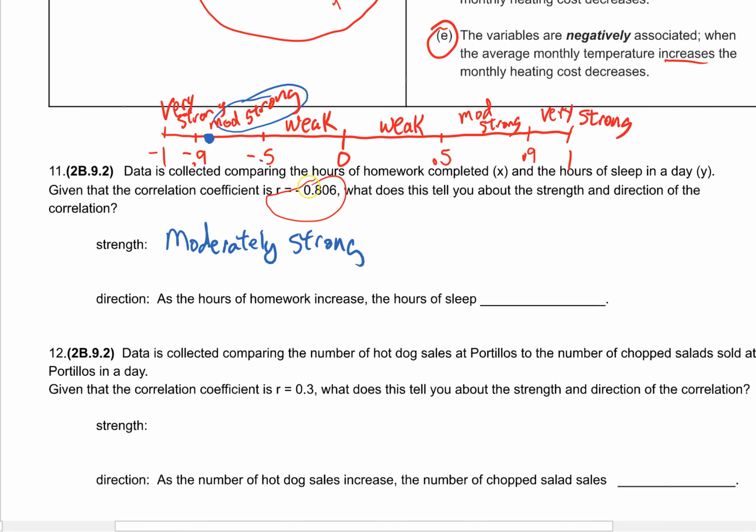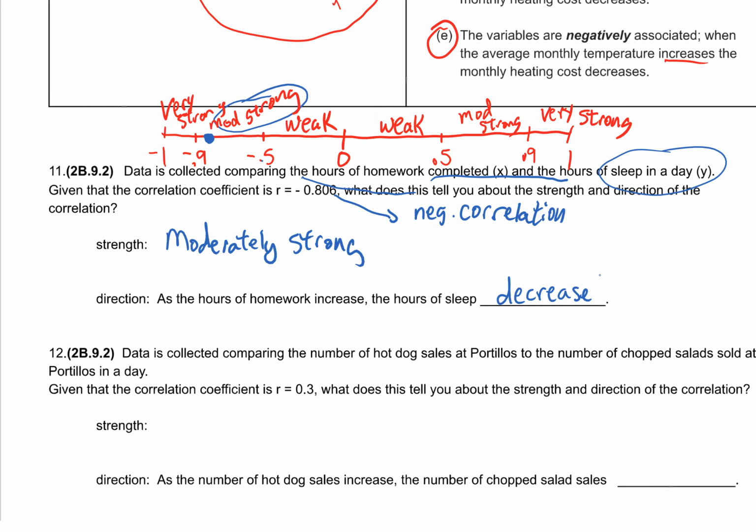But because R is negative, this is going to be a negative correlation. And we know how negative correlations work. As X, the hours of homework, increase, your Y will decrease. Negative correlation always means as X gets bigger, Y gets smaller.